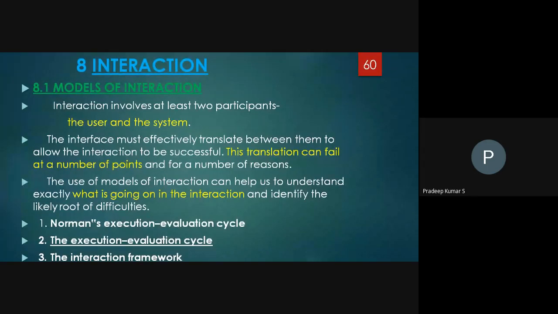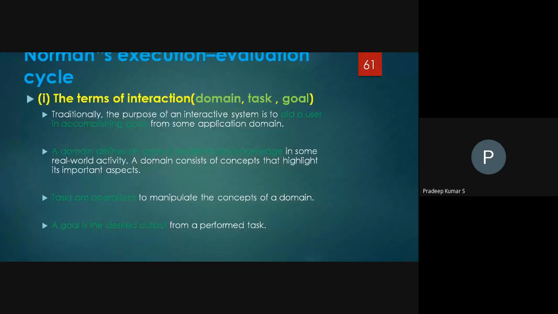So we have to explain the three concern points in an elaborate and clear way. In this class I will explain the normal execution evaluation cycle.